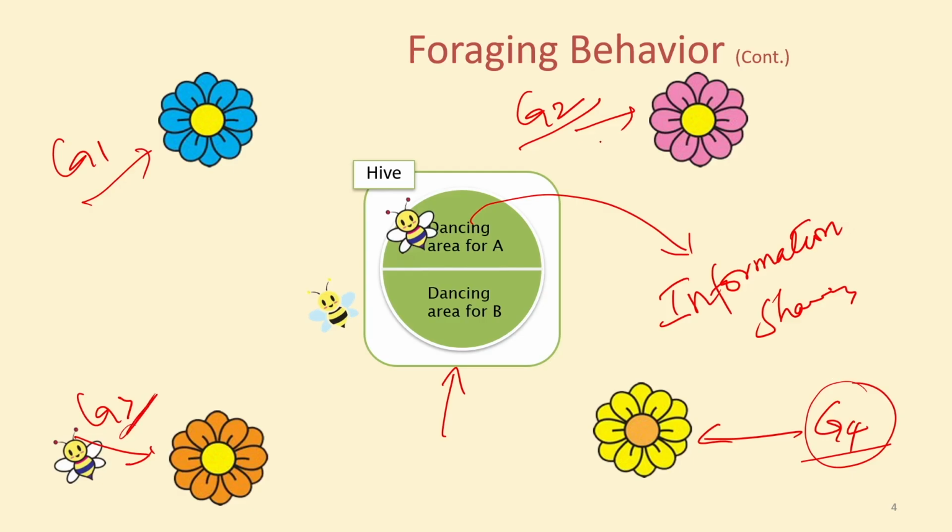Whereas this honey bee that entered garden 2 has found more honey, and it comes to the hive. Why does it come to the hive? To tell the other onlooker bees. Now see, the scout bee is random.